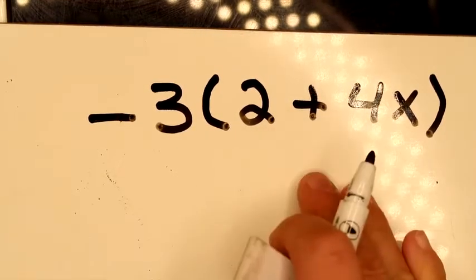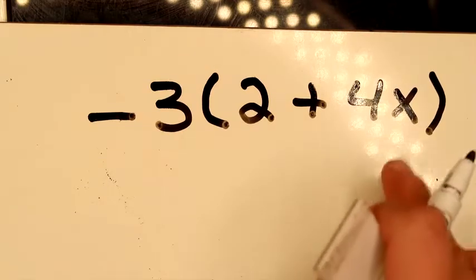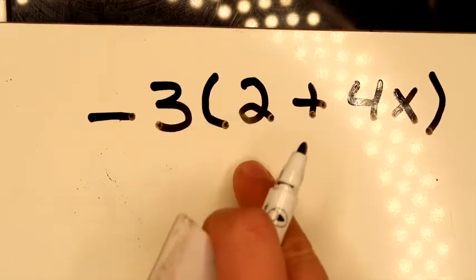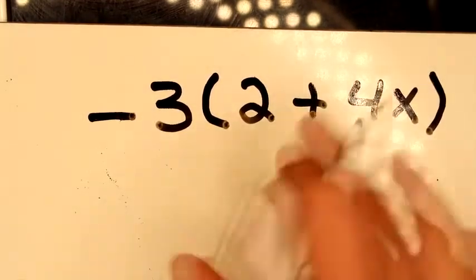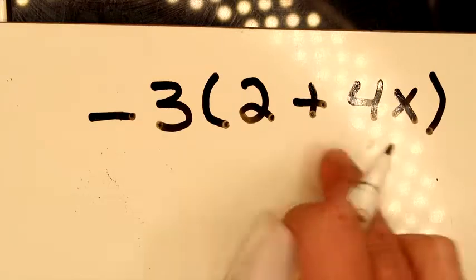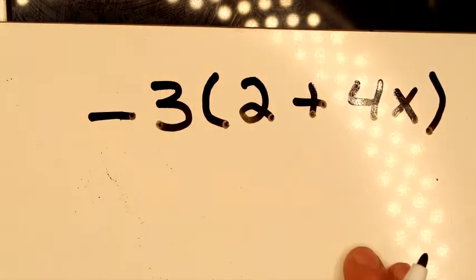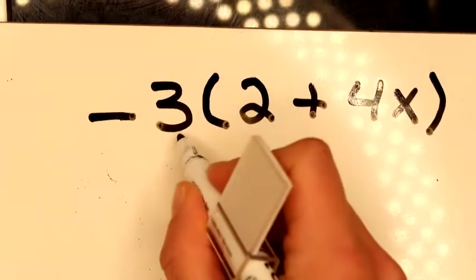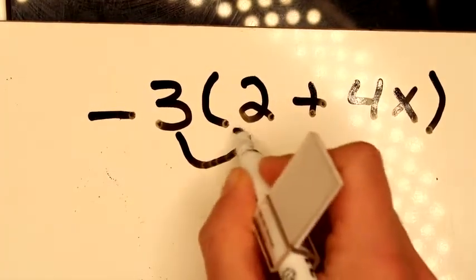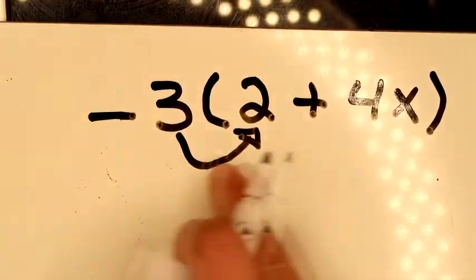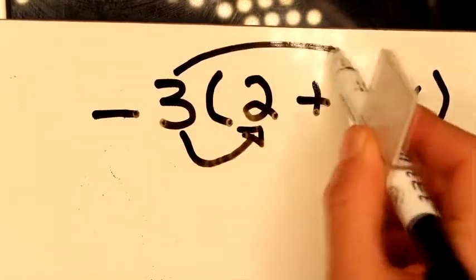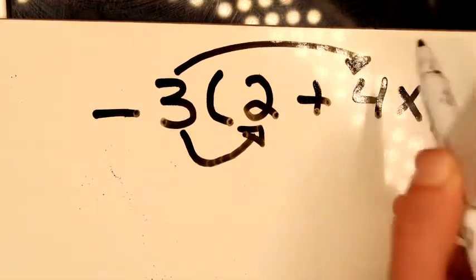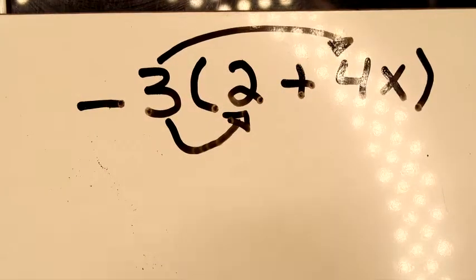We cannot add these together because 4x has a variable and 2 does not have a variable. But what we can do is distribute this -3 to 2, and we can distribute this -3 to 4x. So simple math here.